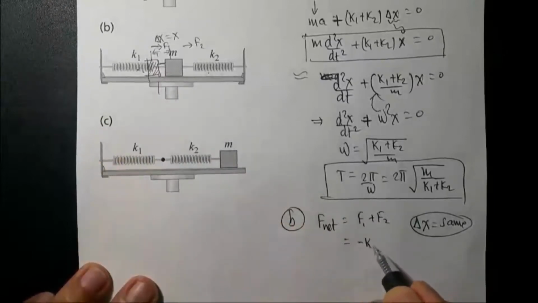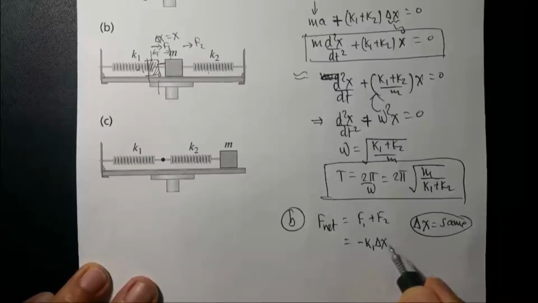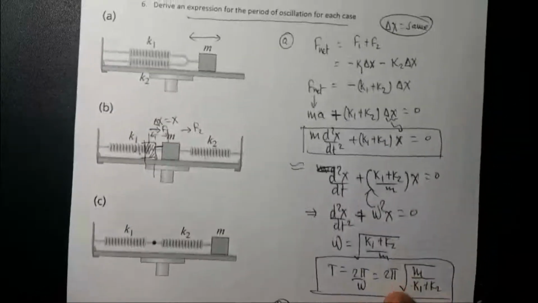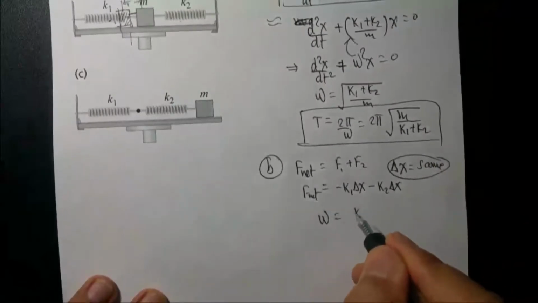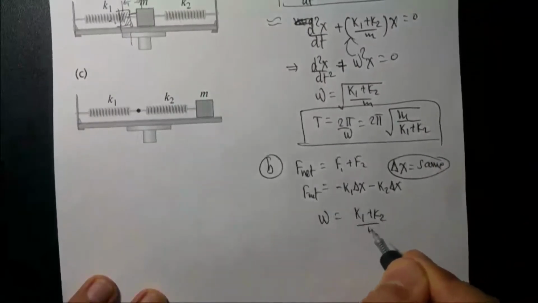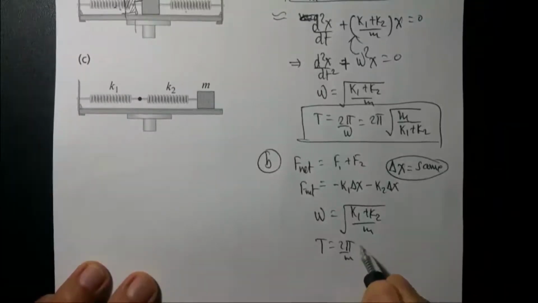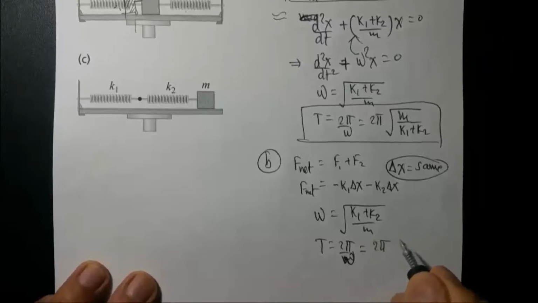So negative k1 delta x is the same, negative k2 delta x is the same. You do the same thing, and it becomes exactly the same equation as part A. So omega will be exactly the same, and the time period is 2 pi over omega, which is 2 pi times the square root of m over k1 plus k2.